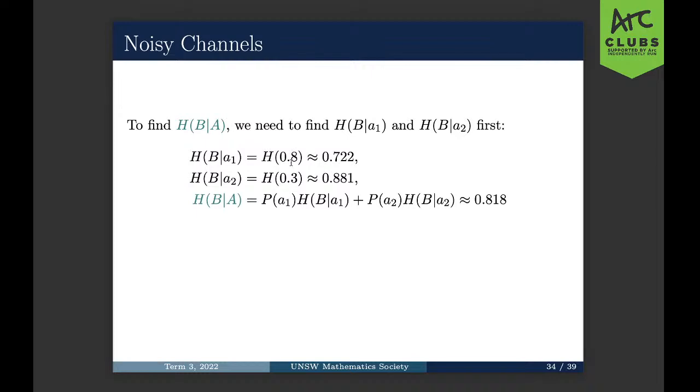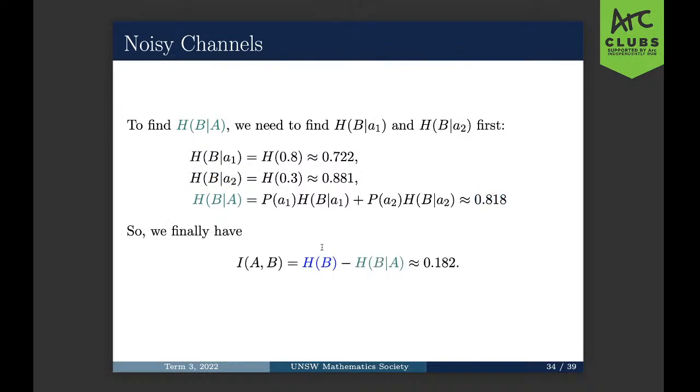It's really simple because in the question we only have two symbols, and we just need to care about the probability of B1 given A1 and B2 given A1. So we just need the probability of one of those. And similar sort of thing for the second one. And so to find the noise entropy here, it's just going to be P(A1) times this thing here, and P(A2) times this thing here. And trust me, you get 0.818.